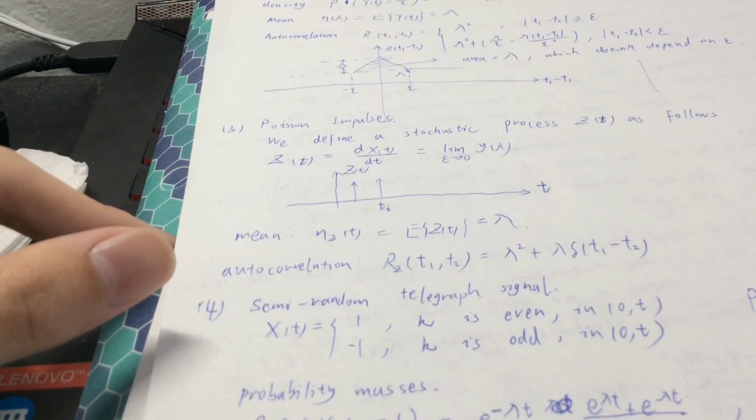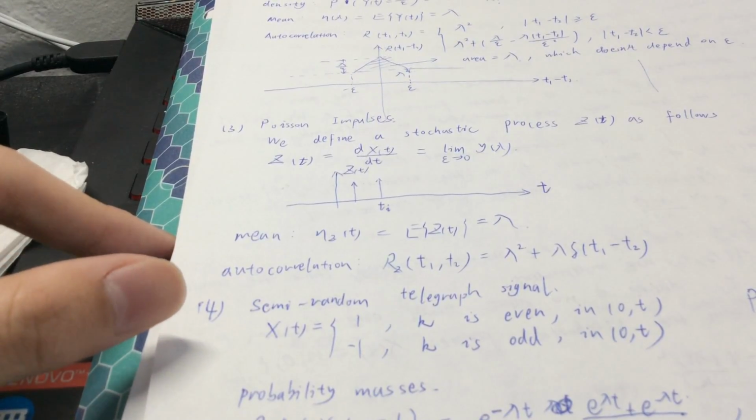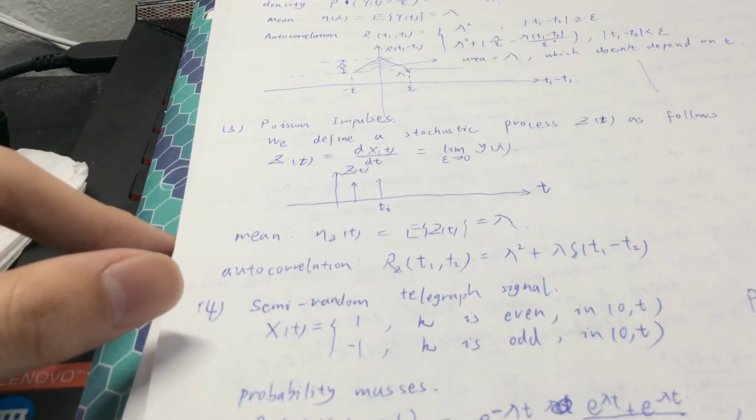As this definition, we may define the output of a linear time-invariant system with impulse response ht and input as a Poisson impulse process.